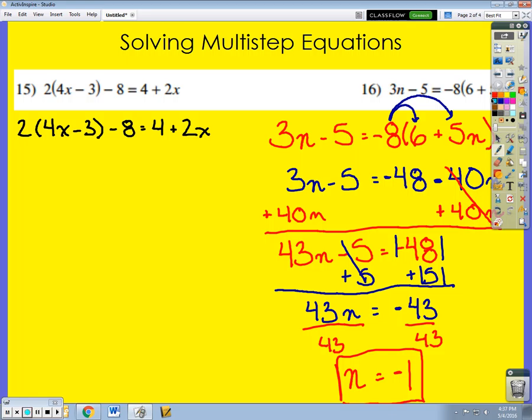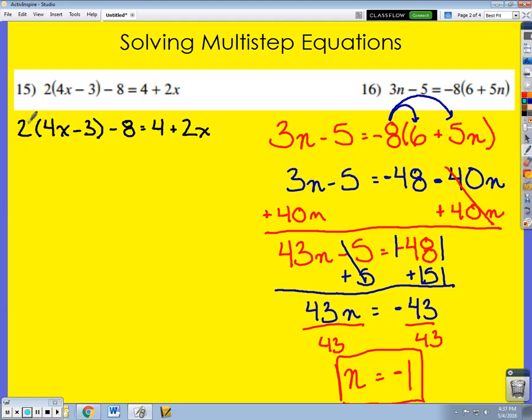Let's take a look. I'm going to guess that Jans saw that he cannot combine 4x minus 3 inside the parentheses, so he distributed that 2 across here. I'm going to guess that Patterson saw that 4 times 2 was 8, but we have to have that 8x. Minus 2 times 3 is 6. We'll bring that minus 8 in there. Equals 4 plus 2x.